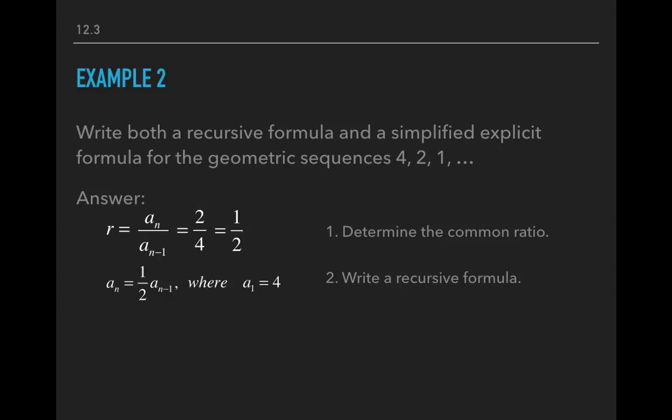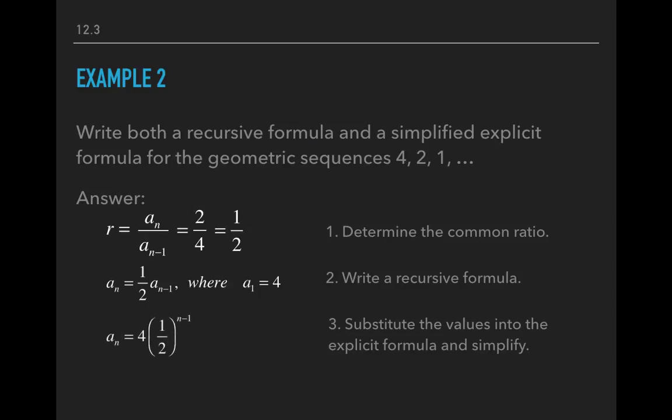Okay, last part, let's give an explicit formula. We're going to substitute in our given information into that formula. It would be 4 times 1/2 to the n minus 1. You could separate the exponent.